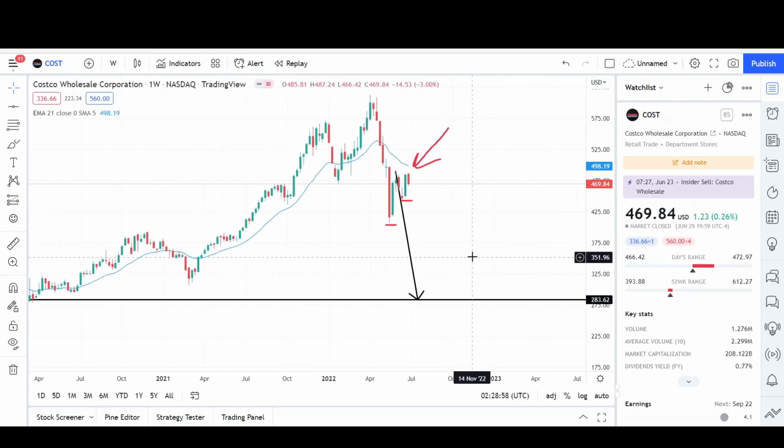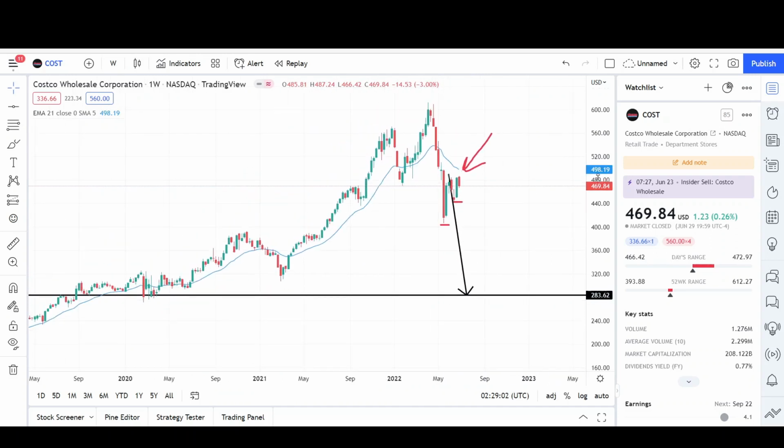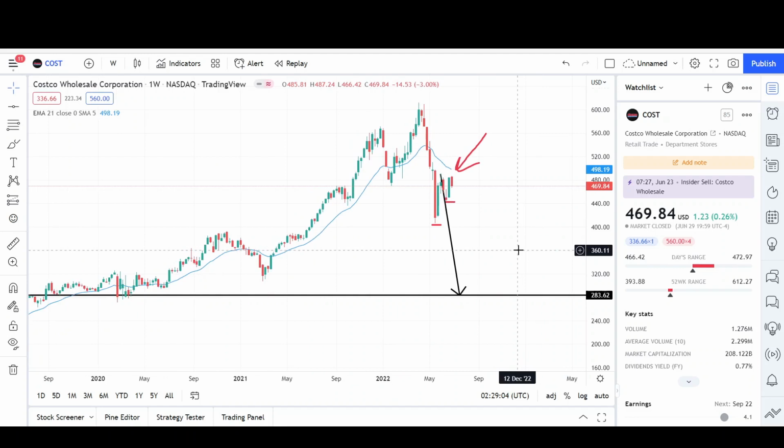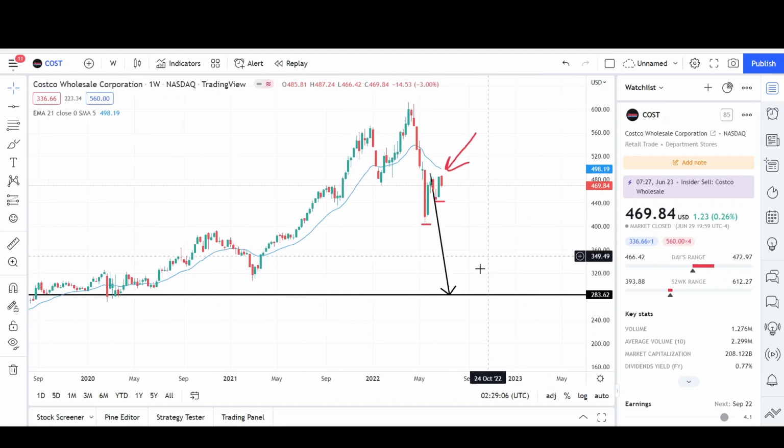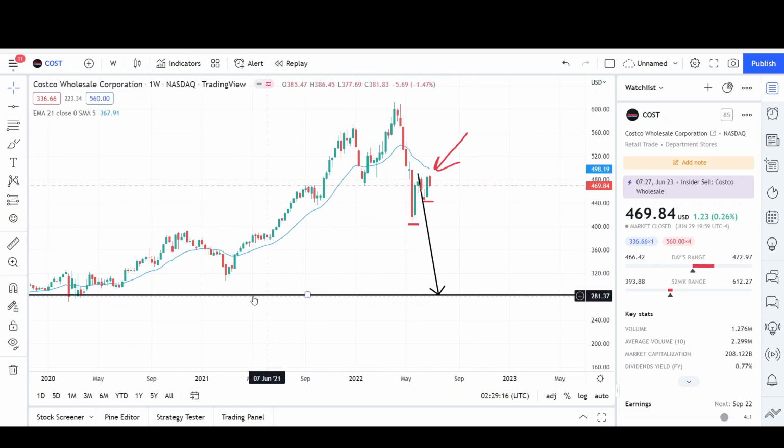Which is also the target for a bunch of other stocks that are just as large, and looks like price already is trading at that level. A lot of stocks are near the 2020 lows or even surpassed it, even large household names. So it looks like Costco is holding up pretty well.